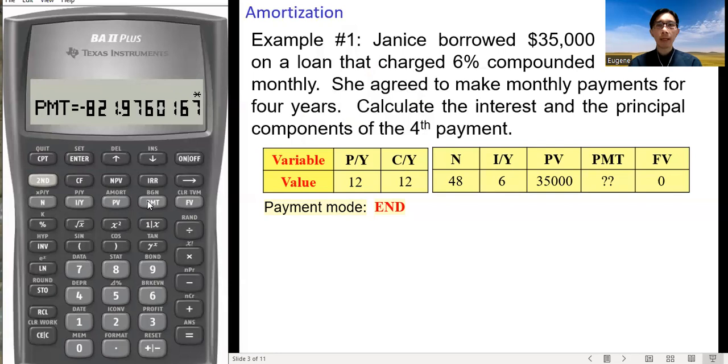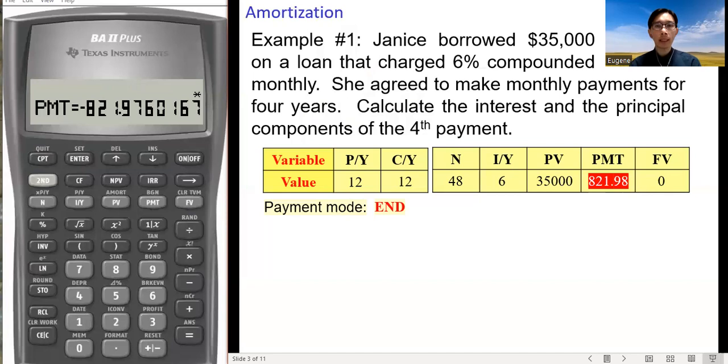For the value of the PMT, the payment amount, we round to 2 decimals because cents is the smallest unit we can pay. So here, the payment amount is $821.98.